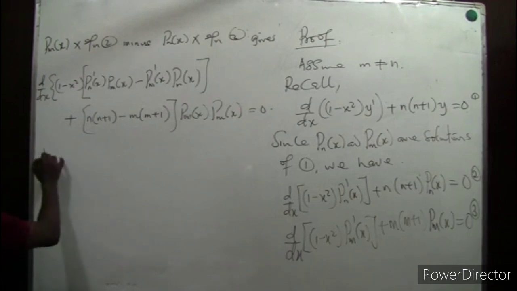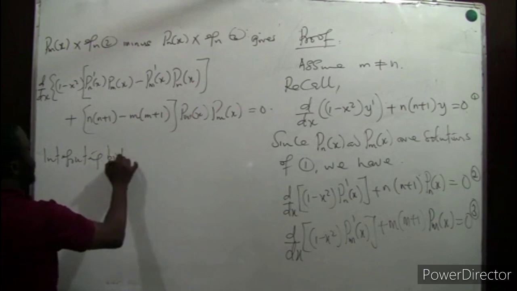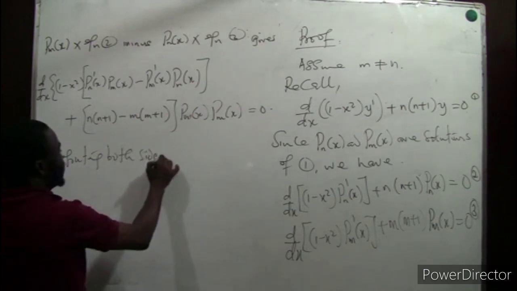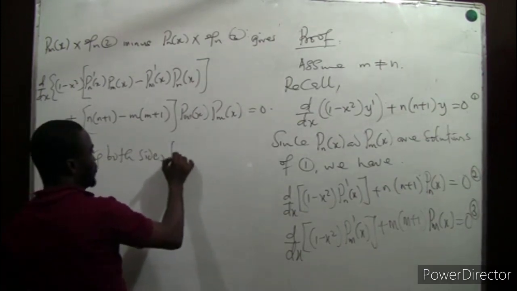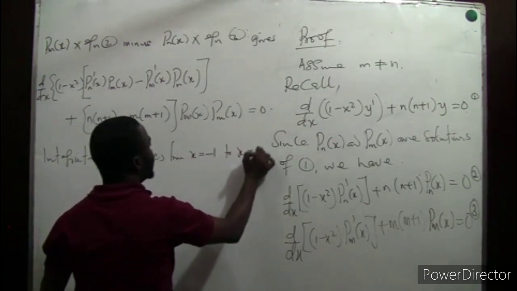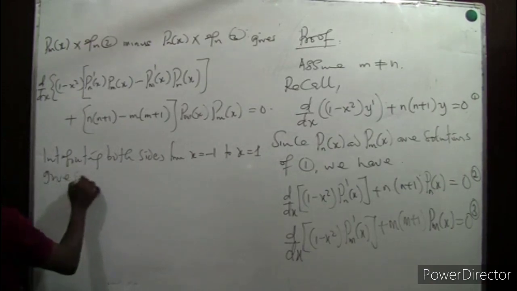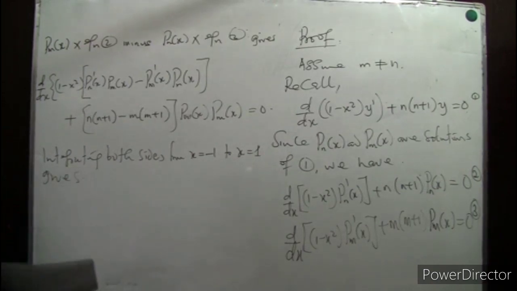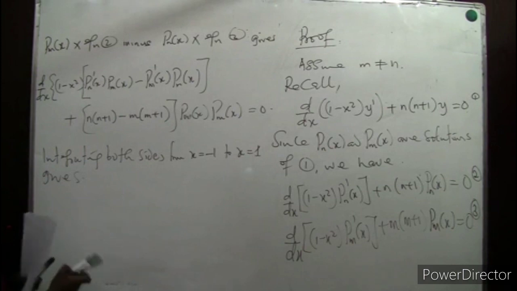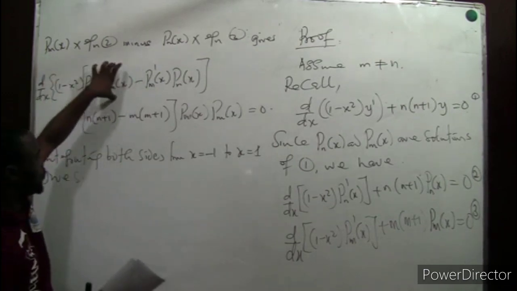Let us now integrate. Integrating both sides from x equals minus 1 to x equals 1 gives, now let's look at that. If I integrate both sides, since this is d/dx, the integral of this will give the whole of this function.